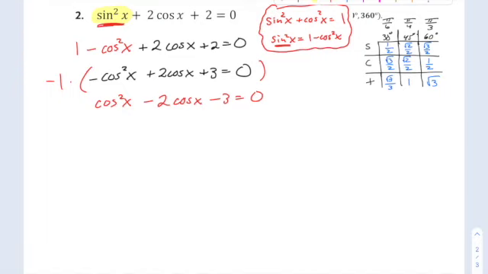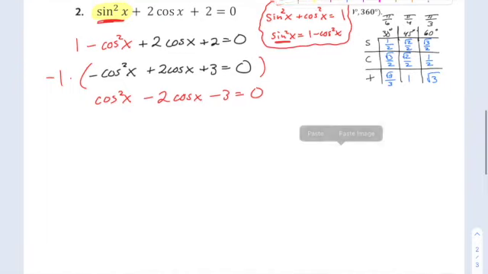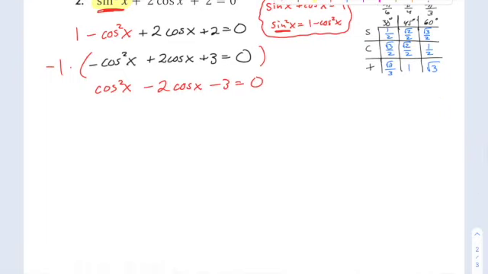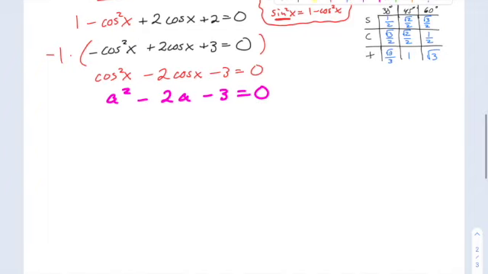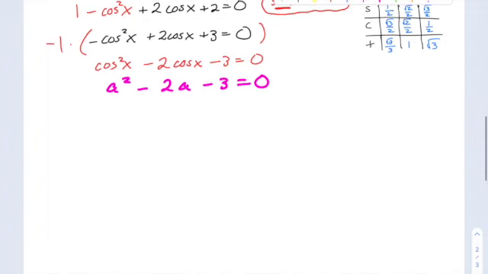And now we're ready to rock here. Factoring this, again, if it helps you to rewrite this as, hey, this is like a squared, or x squared, minus 2a minus 3 equals 0, if it helps you to do that, go ahead. A lot of people will skip this step once they get comfortable. But hey, why not show it on the video? A squared.